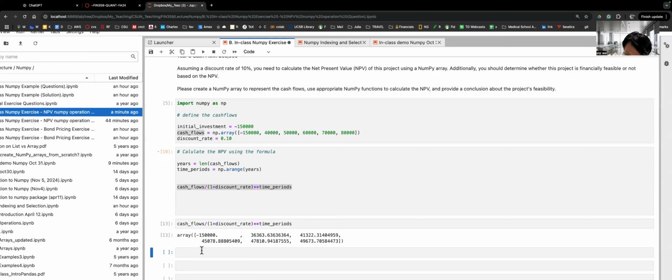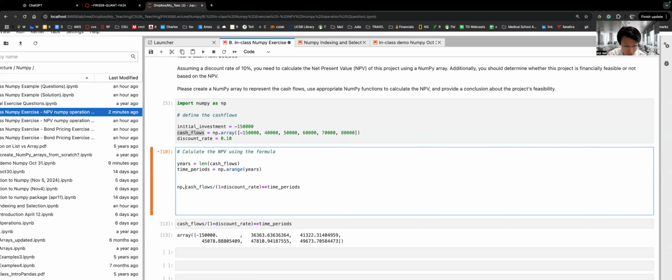It is the NumPy array that captures the discounted cash flows of the project. If you want to come up with the summation of the discounted future expected cash flows, you have to take the summation of these discounted cash flows.